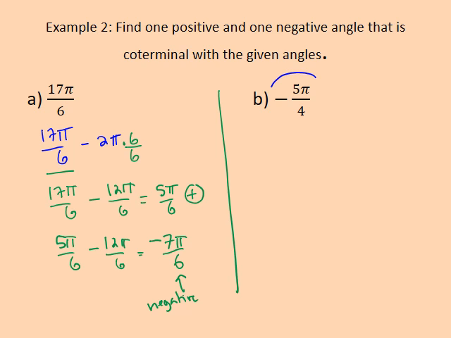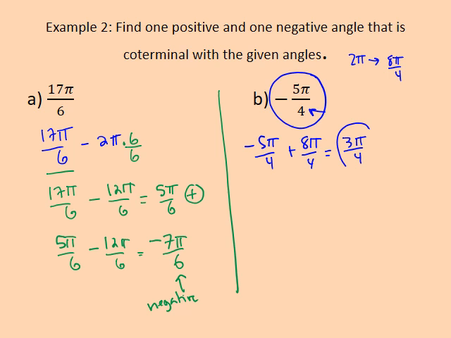Now, since this one starts negative and my denominator is 4, I need 2 pi with a denominator of 4, which is 8 pi over 4. So I'm going to take negative 5 pi over 4 and add 8 pi over 4, which results in 3 pi over 4. That's a positive angle in radians, so there's my positive angle.